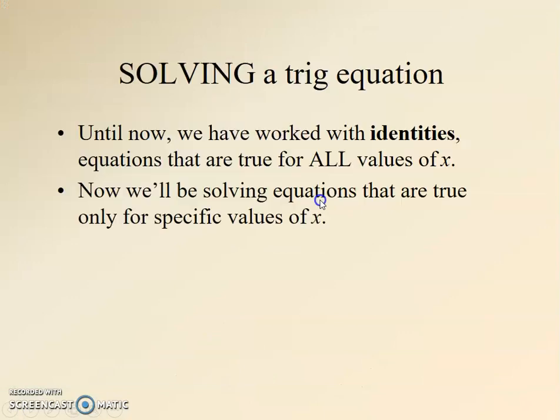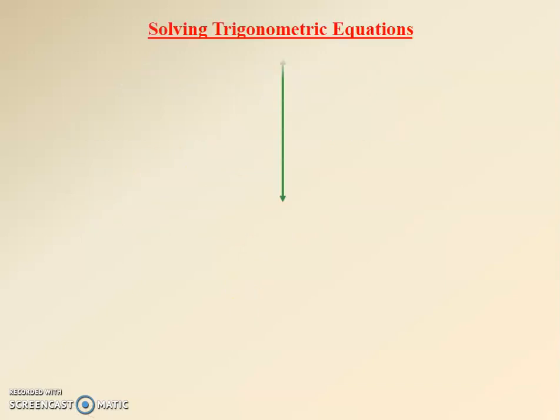When we were working in the other sections, 5.1, 5.2, 5.4, and 5.5, we were proving identities, which means with identities, you can put in whatever x's you want. There's infinitely many answers. It's actually all solutions. However, now we're going to be solving equations that are only true for specific values of x. You don't have to write any of this down.